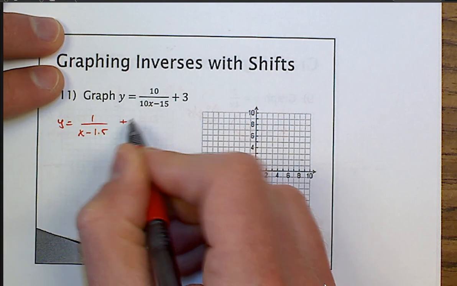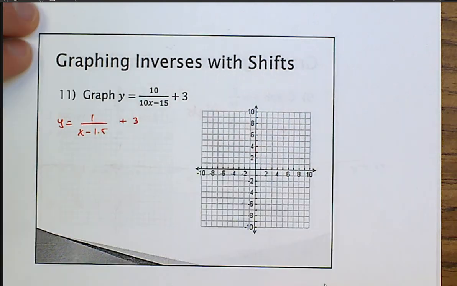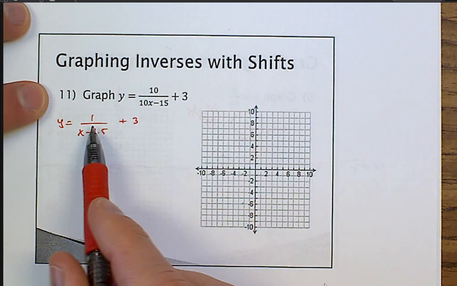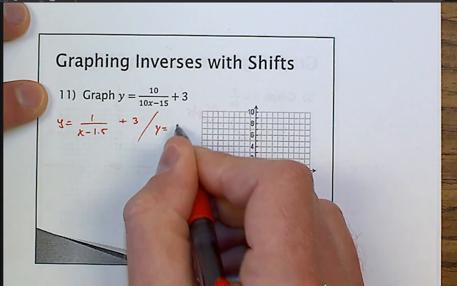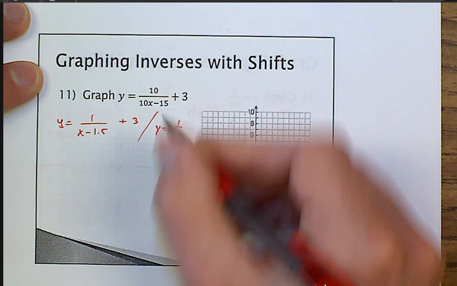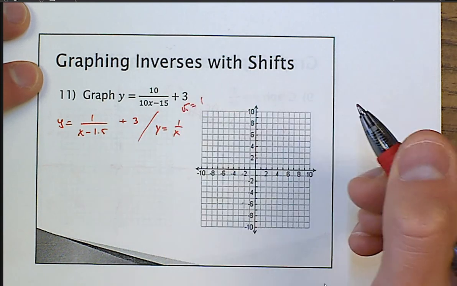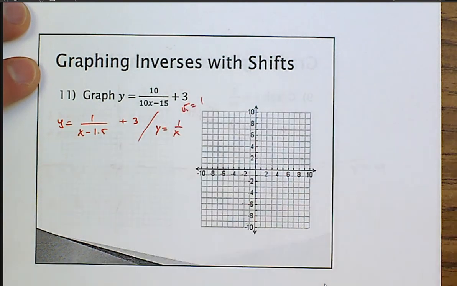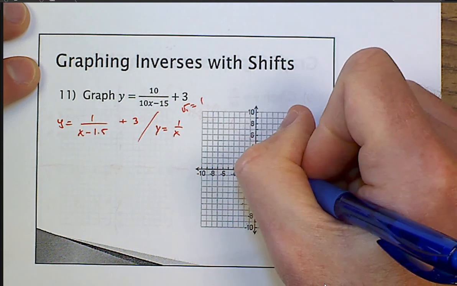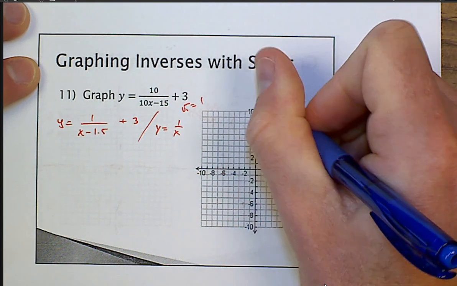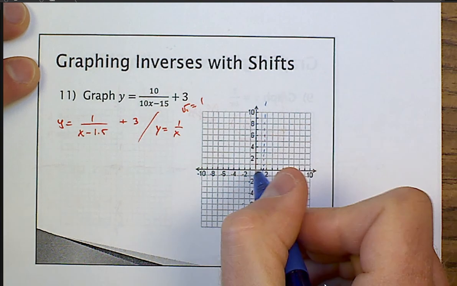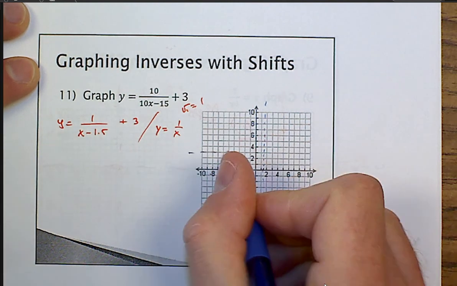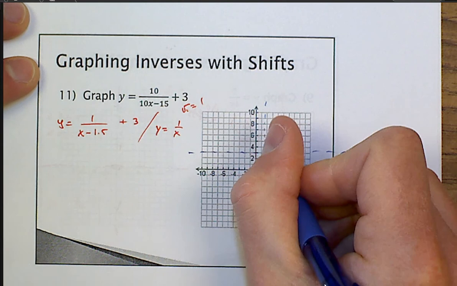Okay? And so what I'm going to do now is, what's my parent function? My parent function is basically y equals 1 over x, okay? So if I take the square root of 1, I get 1. My shift is going to be to the right 1.5 units, so I'm going to have something that looks like this. I have a shift of 3 units up, 1, 2, 3. And there's my new origin, okay?